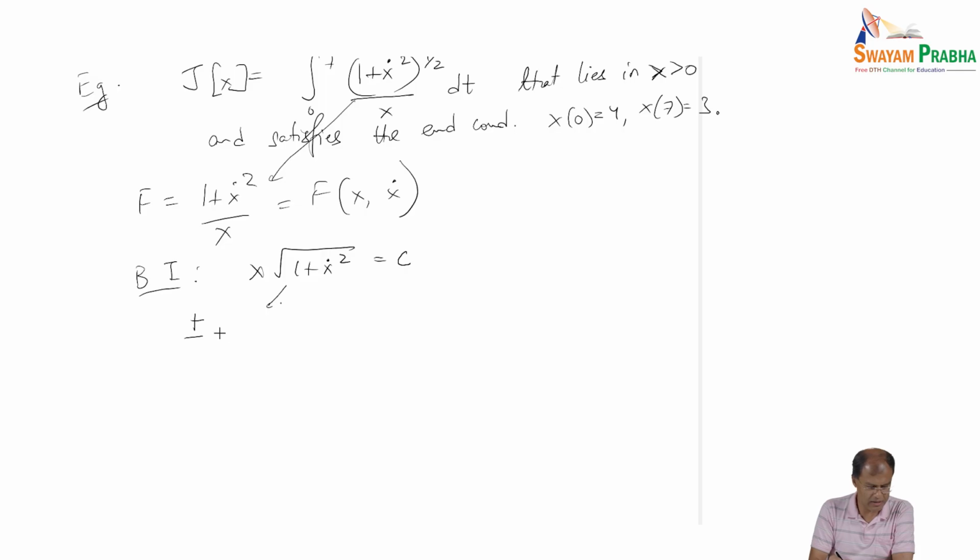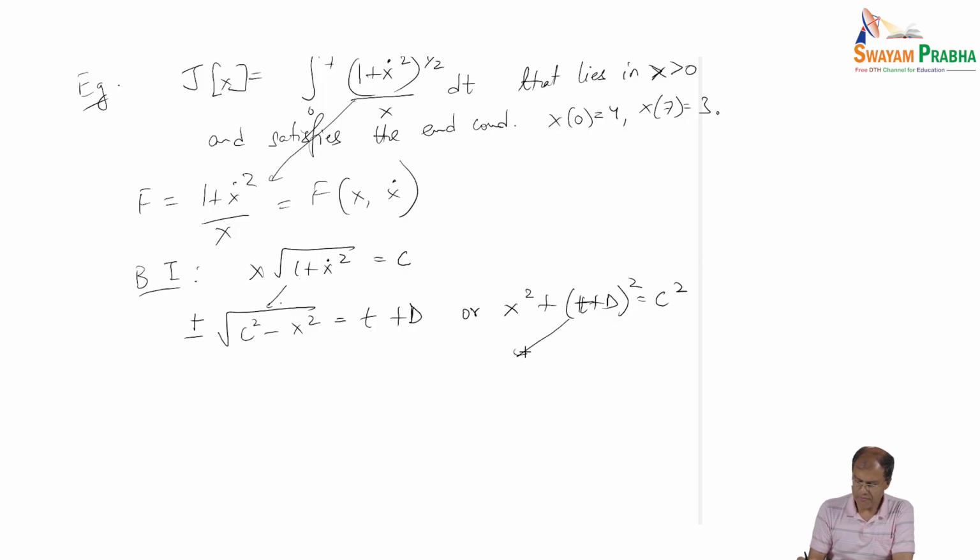from here we see that square root of c square minus x square is t plus d, or this equation can be rewritten as x square plus (t plus d) whole square is equal to c square, right?